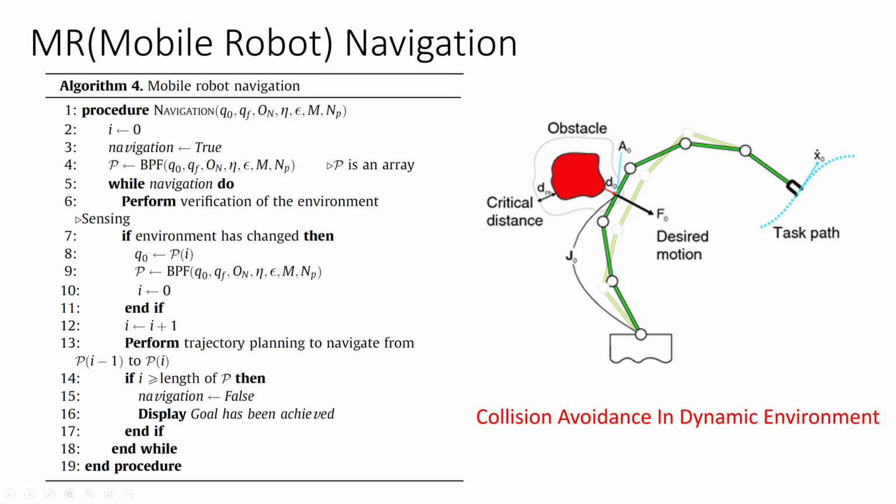If the environment has changed, it means that all the parameters will be changed accordingly. So we immediately set the current state as Q0, and then we use the BPF method to get a new path for the rest of the route, and then we replicate the same method to make the robot go from the start point to the end point.